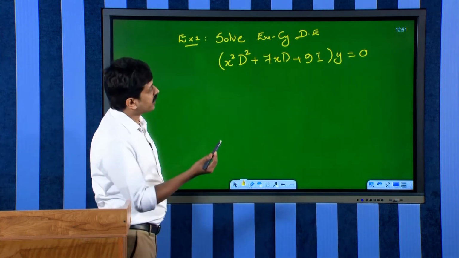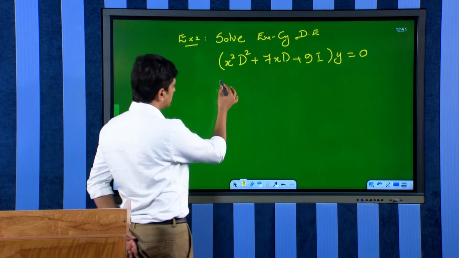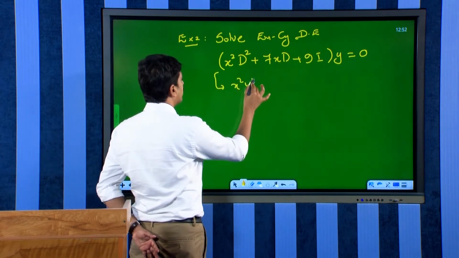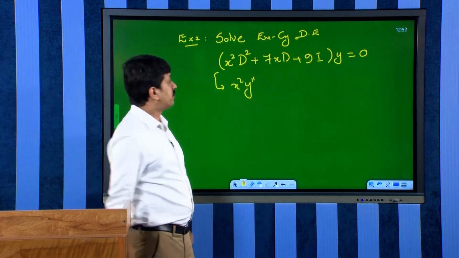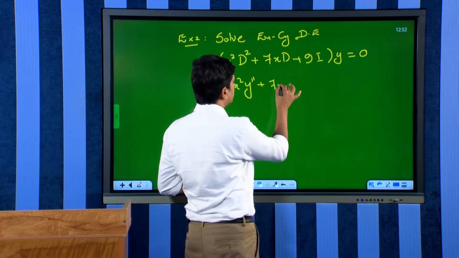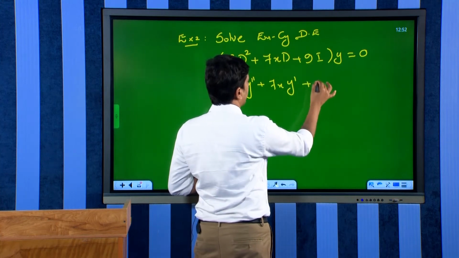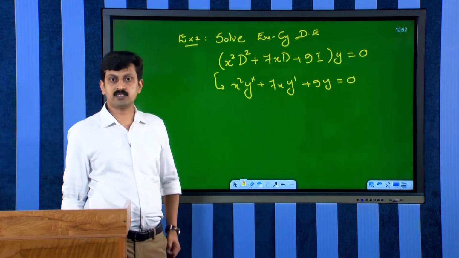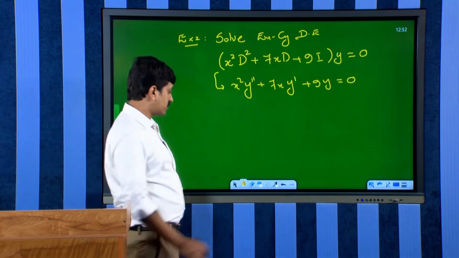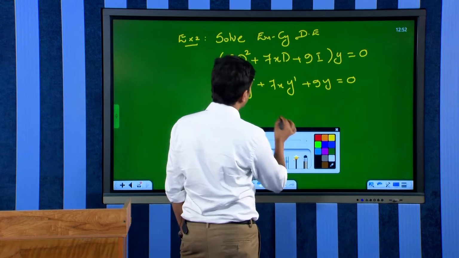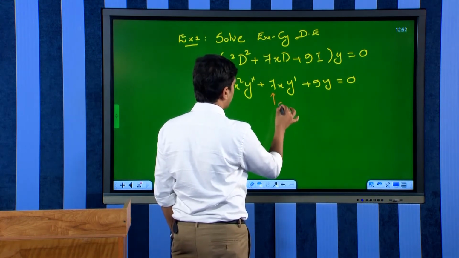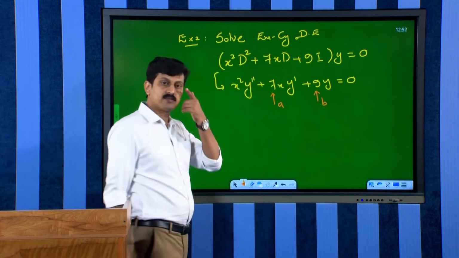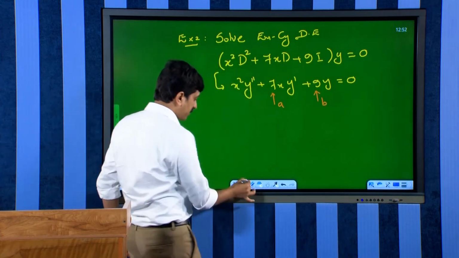Okay, dear students, the differential equation is actually x square y double dash plus 7 x y dash plus 9 y is equal to 0. This is the homogeneous Euler-Cauchy equation with constant coefficients. Instead of a, here we have the value 7, instead of b, here we have the value 9. Okay, fine.